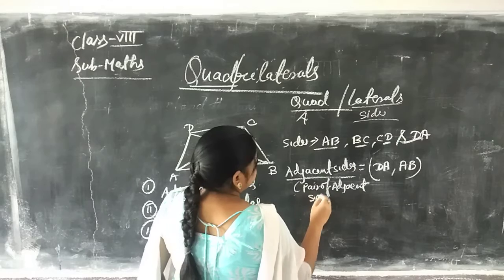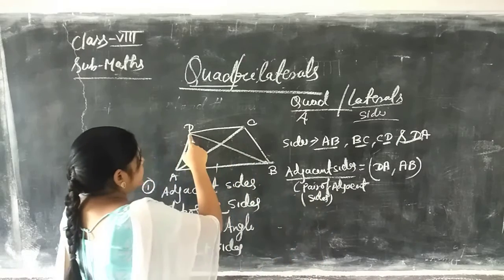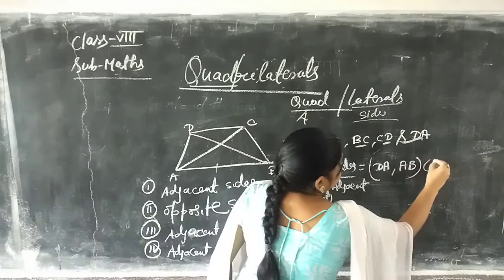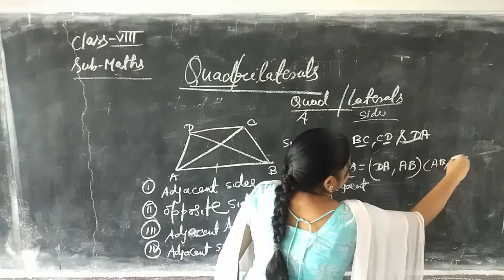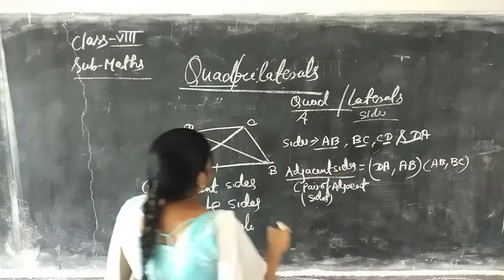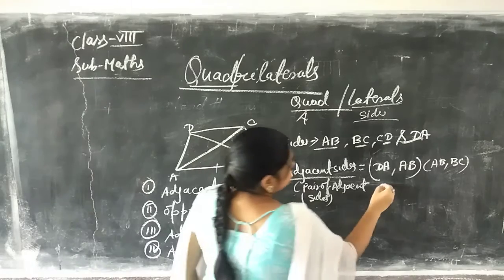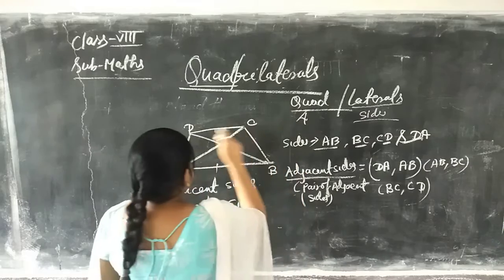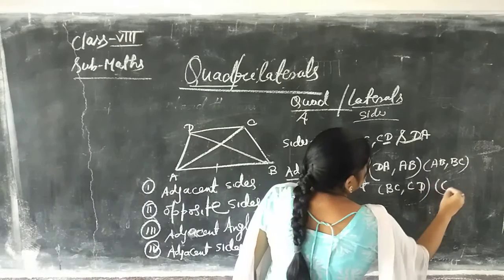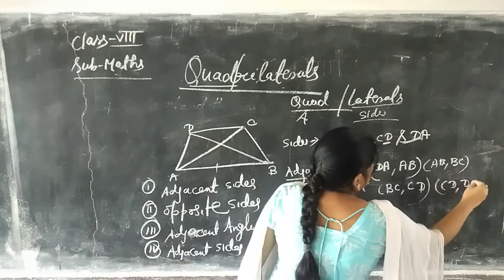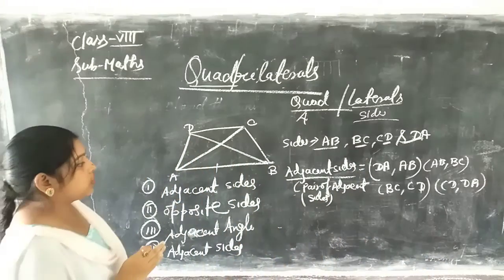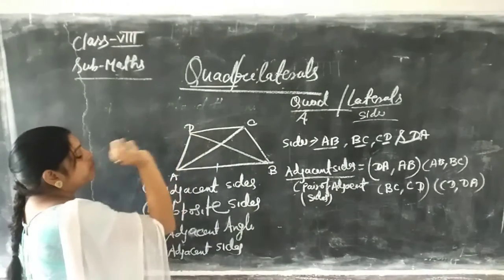Just like DA, AB; AB, BC; BC, CD; and CD, DA. There are four pairs of adjacent sides in that figure.